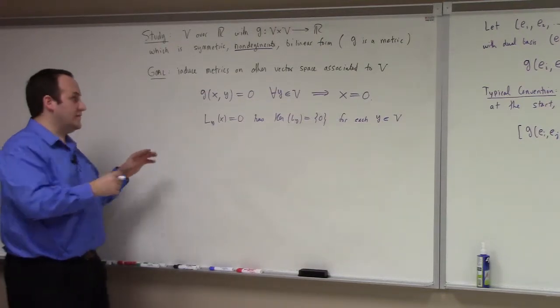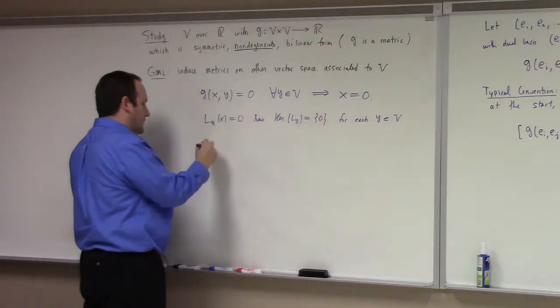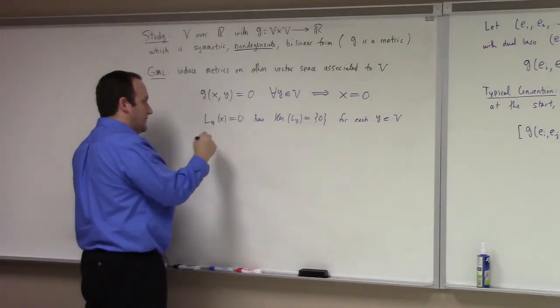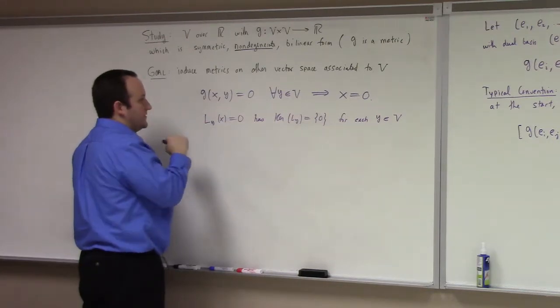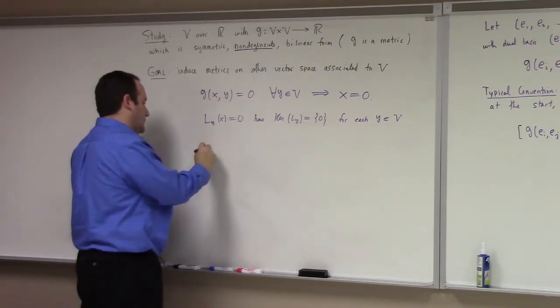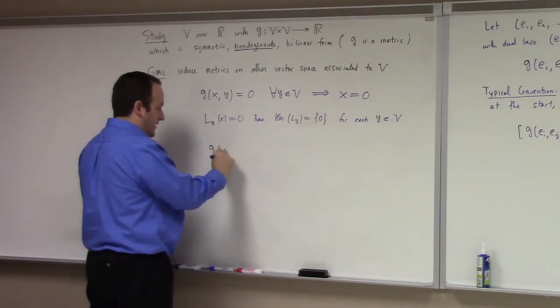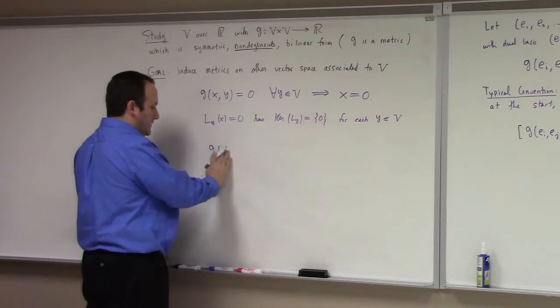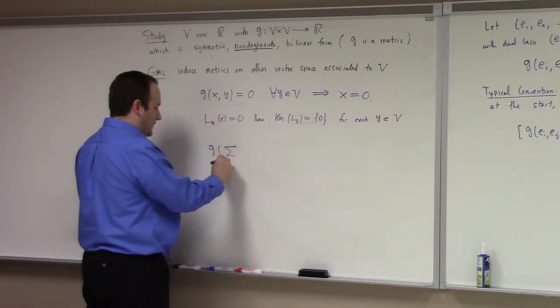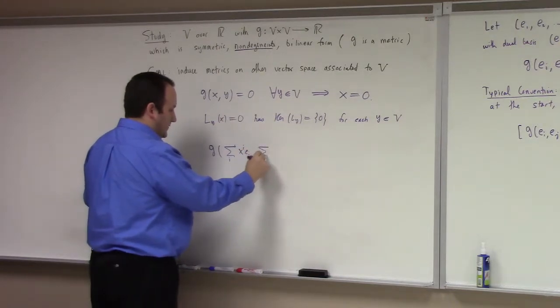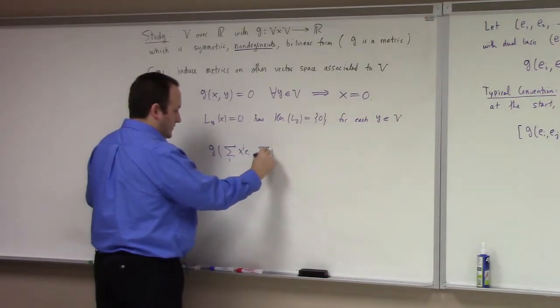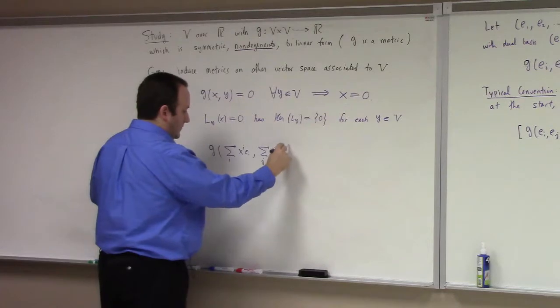But the point, though, is if we look at this as a matrix equation, right? Let's see. So we define g of x, the sum over i of x^i e_i, and the sum over j of y^j e_j.